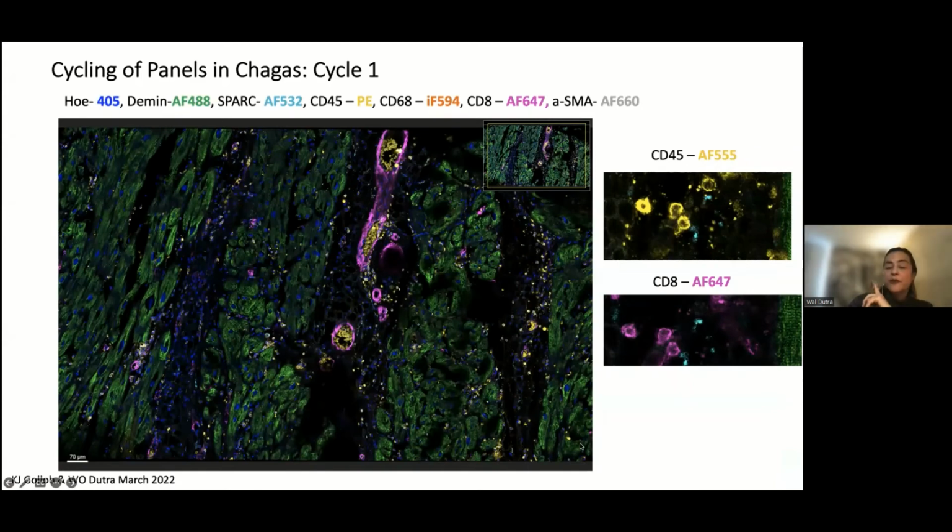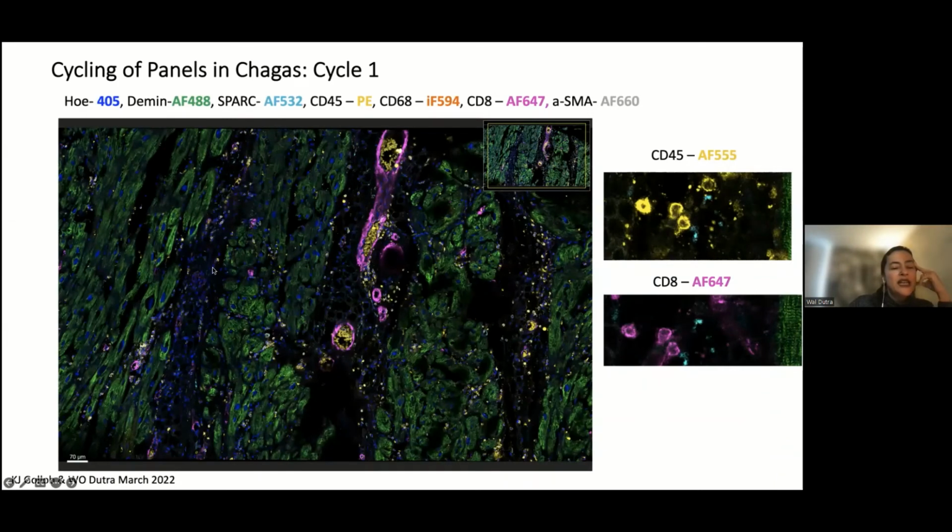And let me tell you, some of these figures that you see here were taken directly from the screen of the confocal microscope. So there's no processing of these images at all here. What you see in terms of background and everything is what we see when we acquire the images. What you see in green here is the staining for desmin, which is the cytoskeleton protein for the cells from the heart.